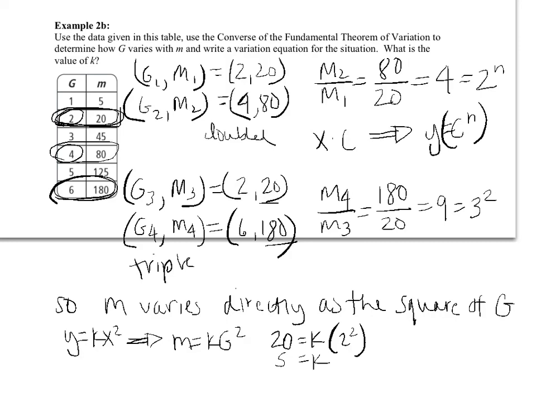I just picked the 2 and the 20 here. Now, if we know k is 5, we can say M equals 5G squared, and this should work with any other set of points on this table. So we could pick 5 and 125. So if G is 5, 5 squared is 25 times 5, M equals 125. So it does work. We get those values.